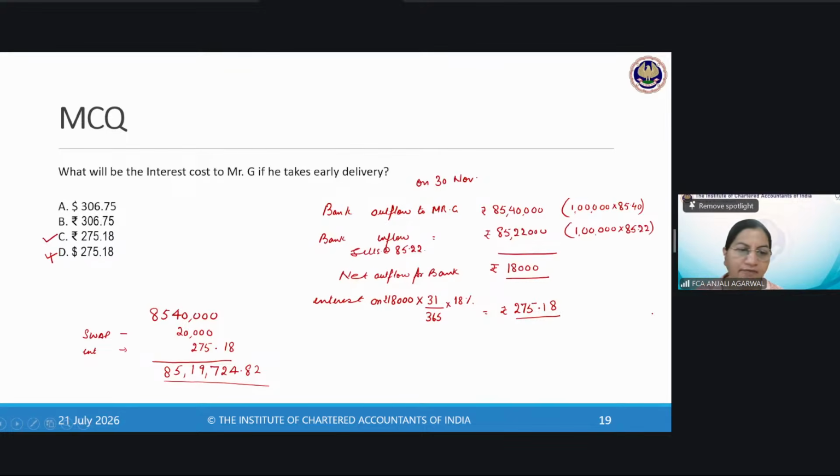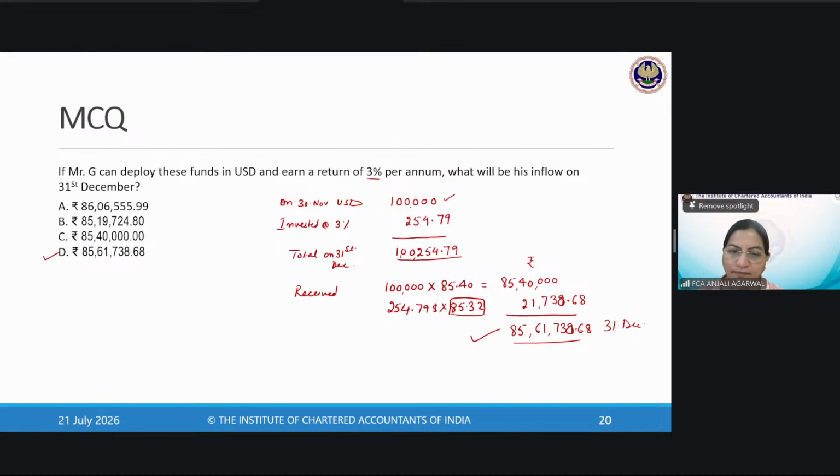Whereas 85 lakh 19,724.82. This figure is on 30th November.